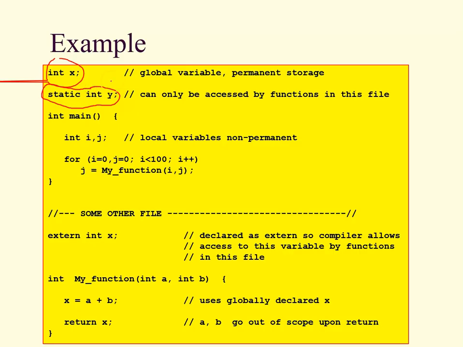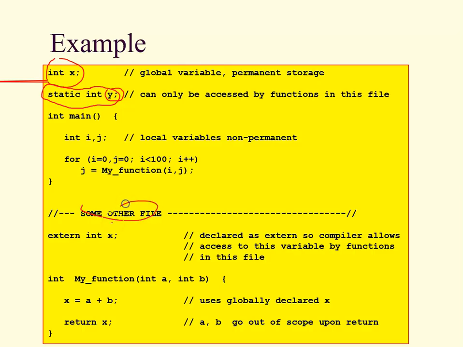I declared it static, which means y can only be seen in functions inside of this file. Okay, so once again, it's a way to hide data, prevent functions in other files from accessing data.